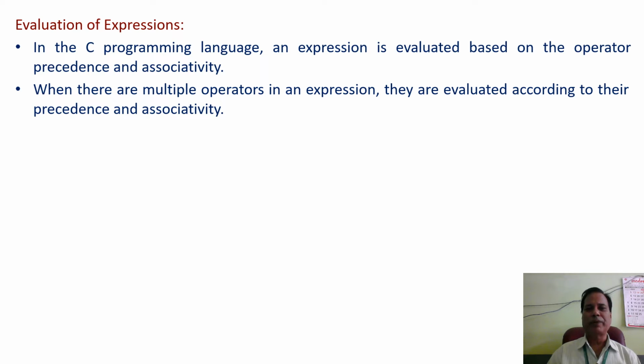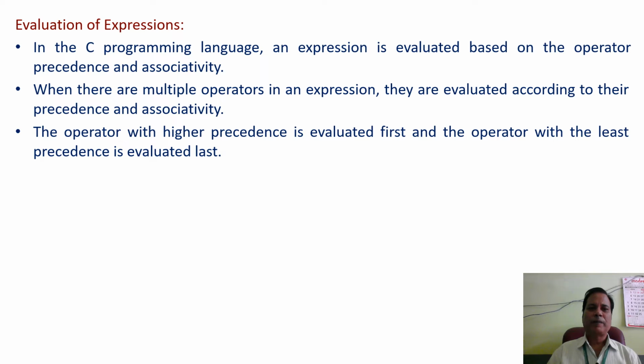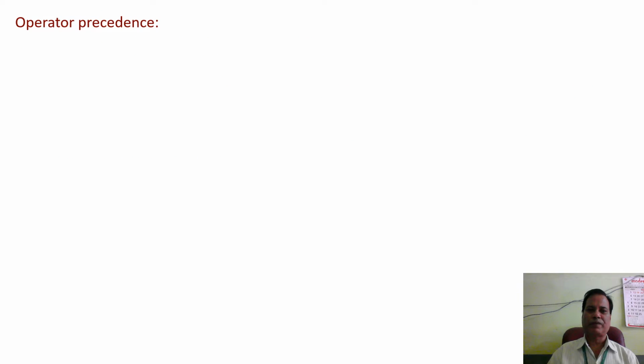When there are multiple operators in an expression, they are evaluated according to their precedence and associativity. The operator with higher precedence is evaluated first and the operator with the least precedence is evaluated last.